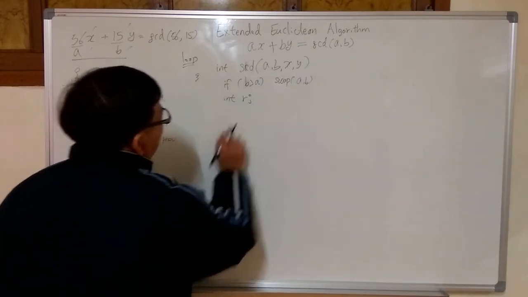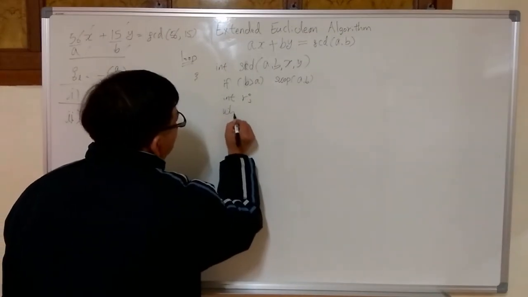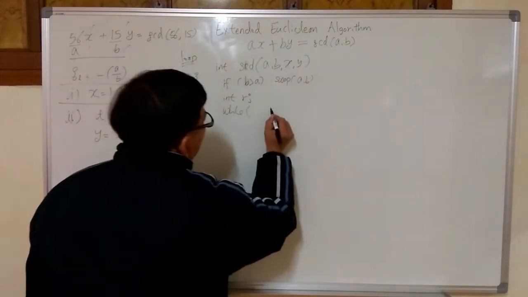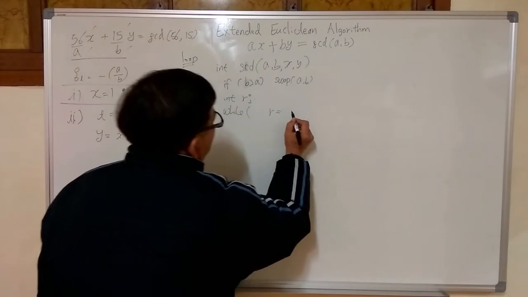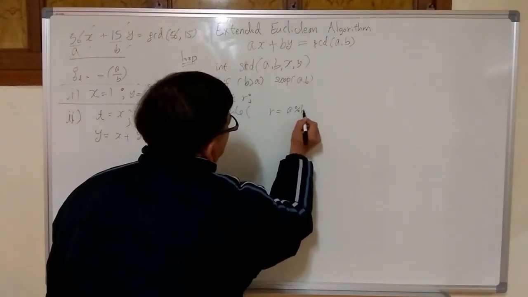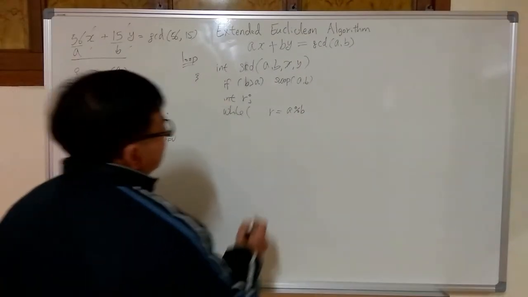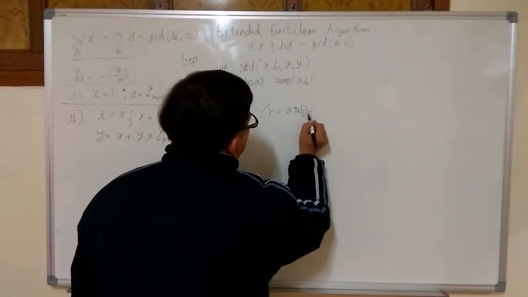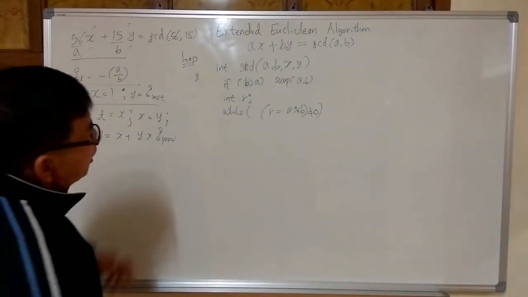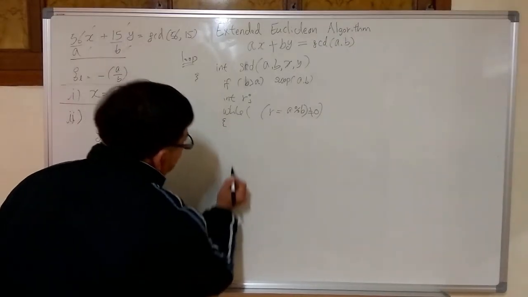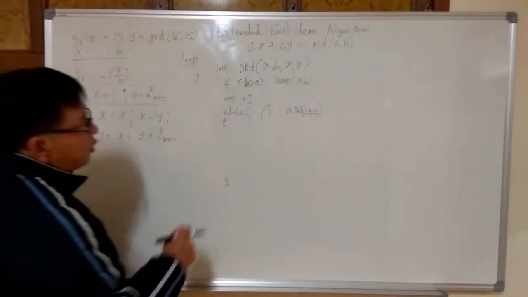Then we declare int R. R equals A modulo B, the remainder. While the remainder is not zero, we are doing a loop.